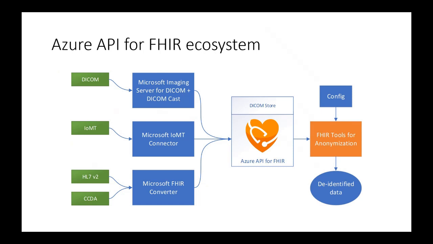Now, we have built what we call FHIR Tools for anonymization, which can take FHIR data and anonymize it. Instead of trying to anonymize data in different data formats, we use the ecosystem that we have built to convert the data into FHIR format first.